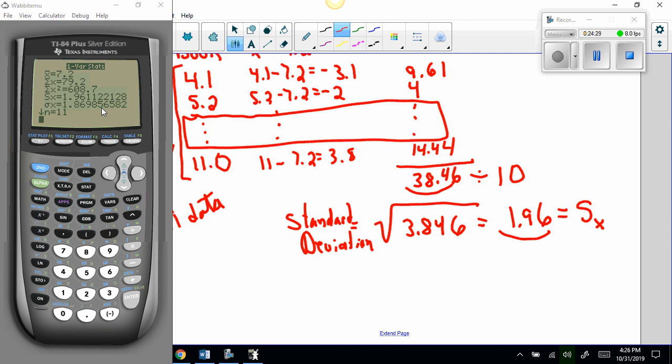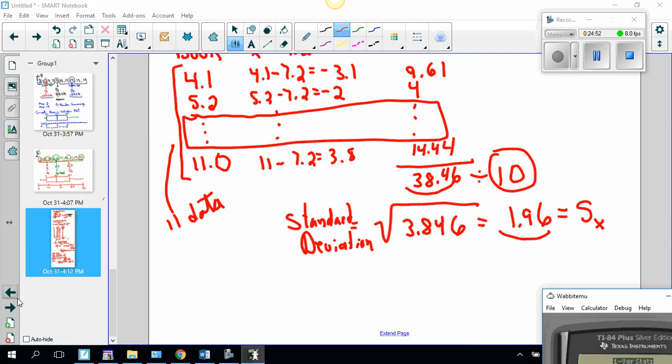The difference is, one you divide by 11, the other one you divide by 10. We're using the standard deviation where you divide by 1 less than the number of data. So if there's 11, you divide by 10. If there's 58, you divide by 57, right there. And then you take the square root.